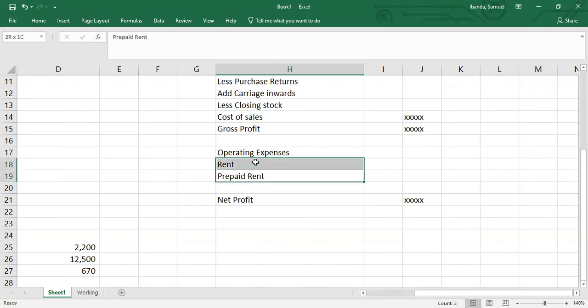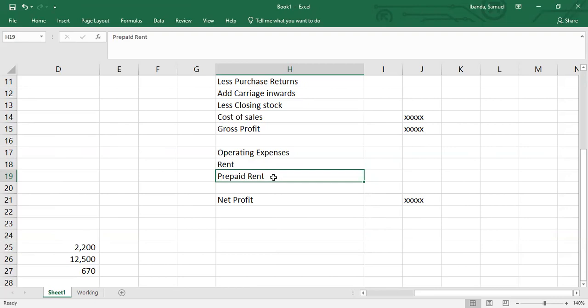So it reduces your expenses. Prepaid rent reduces your rent expense. And what does that mean? If you have fewer expenses or low values of expenses, your profit will improve. So the higher the prepayment, the higher the improvement in profit.